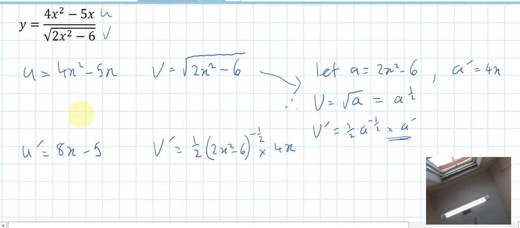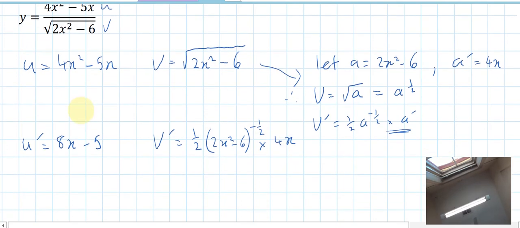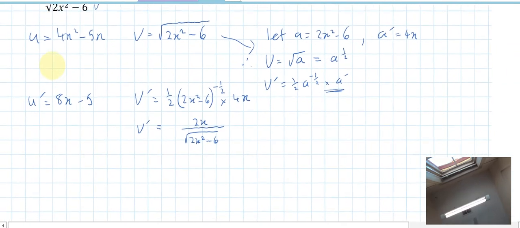To make this look a little nicer, I will simplify at this stage, just so then the rest of the rule goes nicely. 4x and a half can be 2x, and the bottom is the square root of 2x squared take 6. And that's V dash. Given that, we can find the rule.